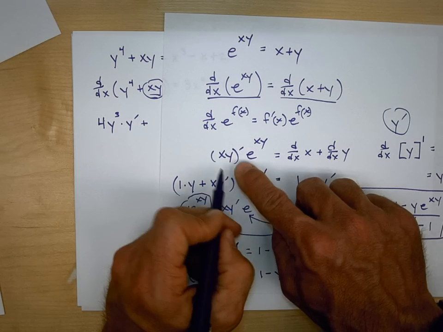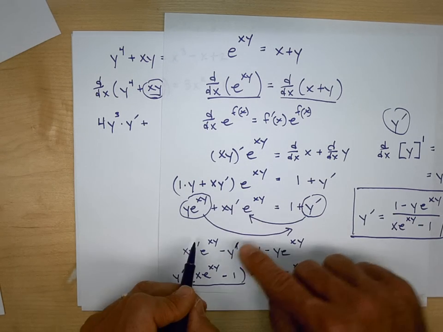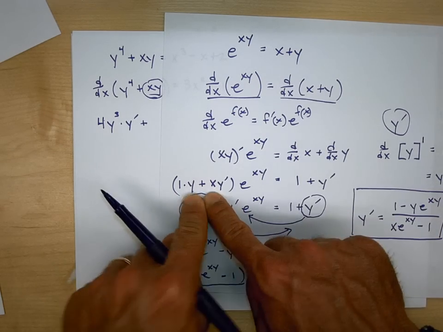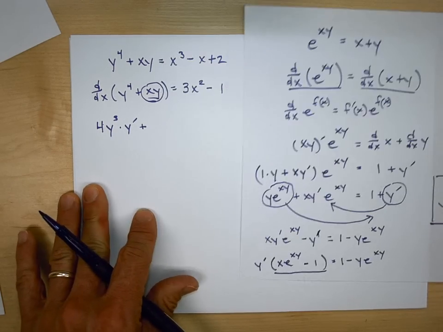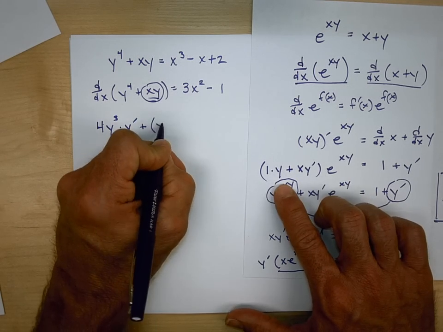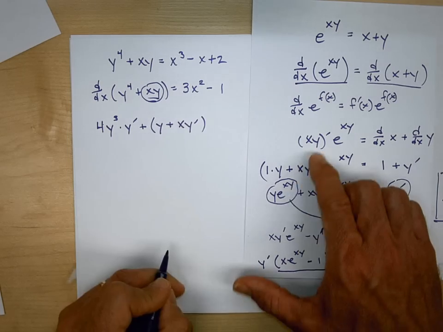It was right here. We did xy prime, and we found it to be this. So I'm just going to go ahead and write that again. So that's 1 times y, so that's just going to be y plus x y prime by the product rule.